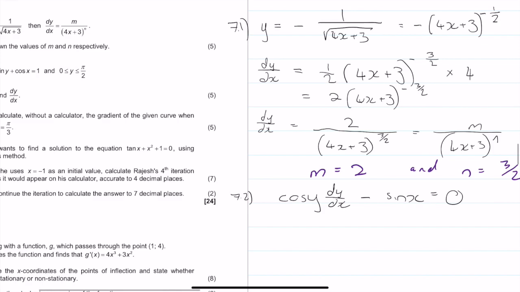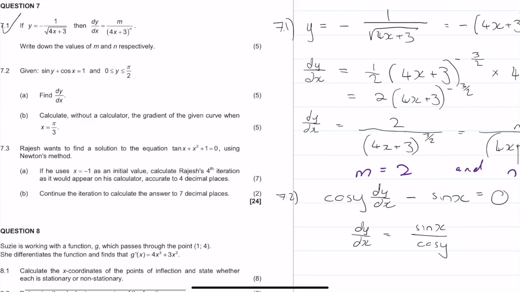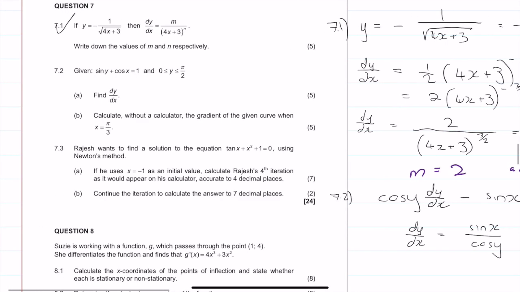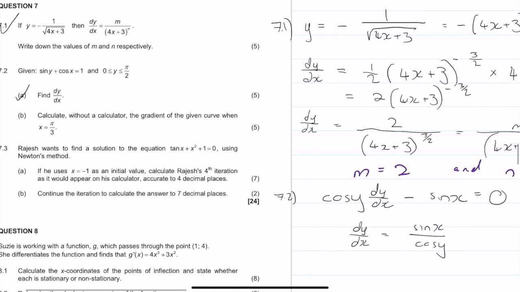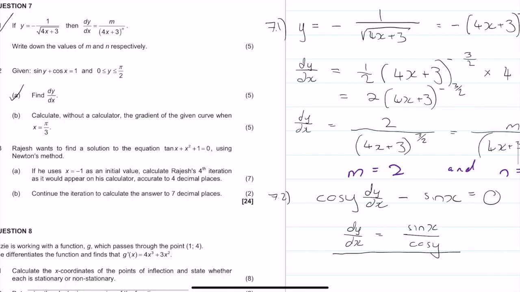Now we can get our expression: dy/dx is equal to sine x over cos y. We get 5 marks for that, which is quite generous. I guess it's because you had to do implicit differentiation.